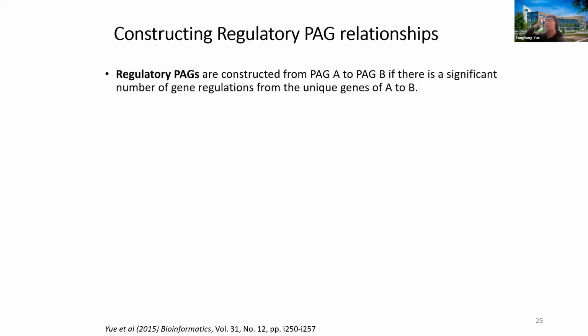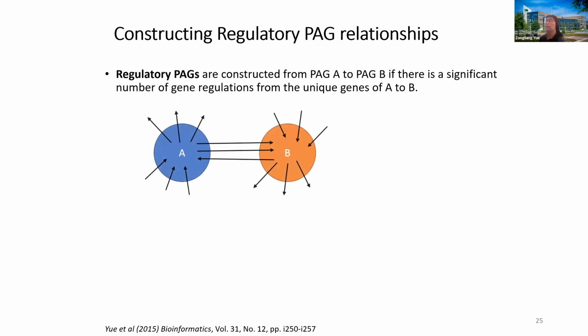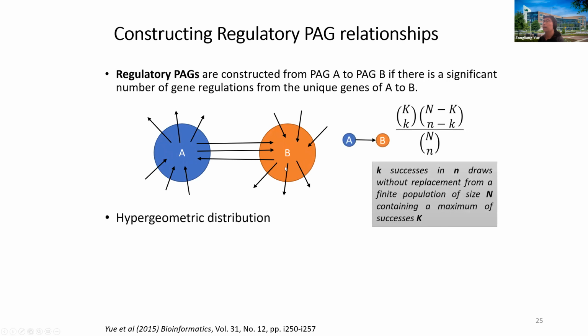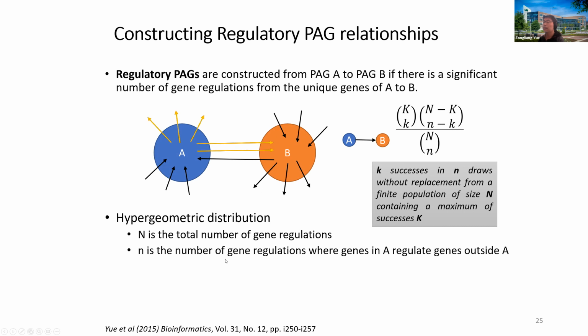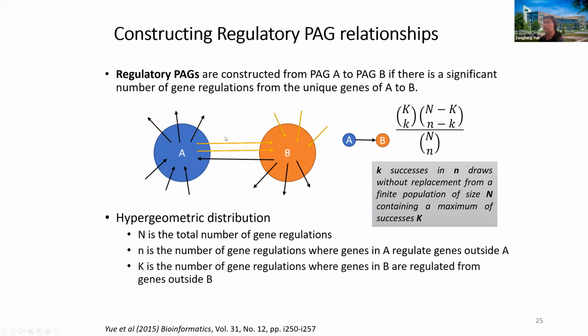And for the regulatory PAG relationship, we define the R-type PAG-to-PAG relationship, which brings in the gene regulation. We also adopt the same principle, but here capital N is the total number of gene regulations. Small n is the number of gene regulations where the genes in A regulate genes outside A, which is highlighted in yellow here.